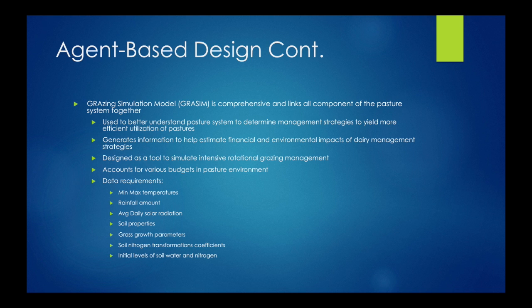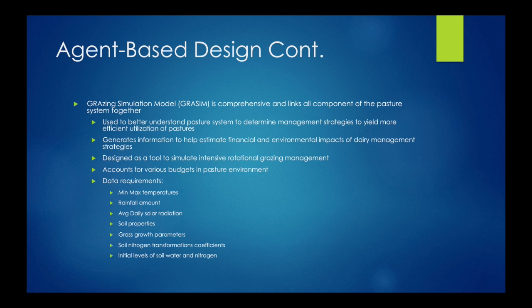Some of the data that needed to go into the system are min and max temperatures of the weather, rainfall amount, average daily solar radiation, soil properties, grass growth parameters, soil nitrogen transformation coefficients, and initial levels of soil water and nitrogen.